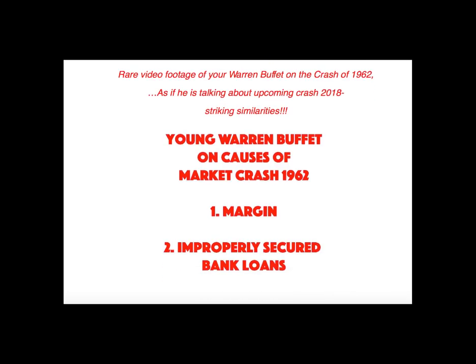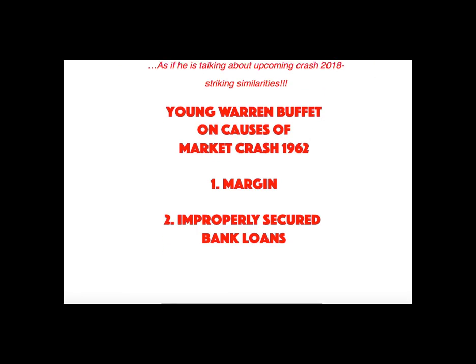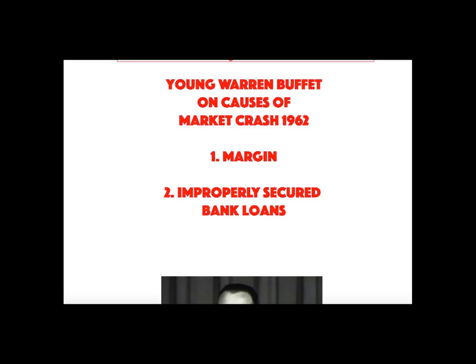Here are the two reasons that Warren Buffett presents as the causes of the crash in 1962. Number one, of course, is the margin. In every crash that we have taken a look at so far, this is the number one common cause.